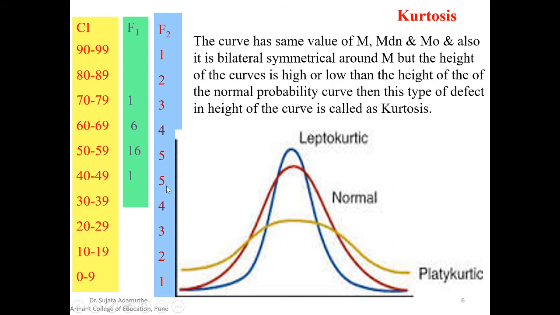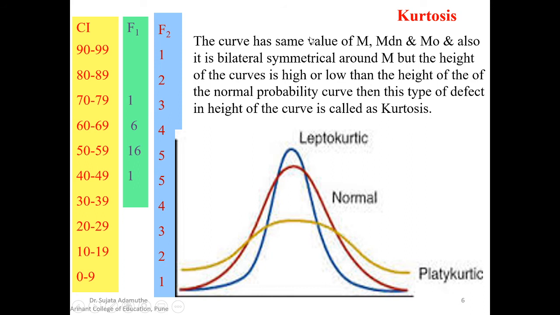For the second group, there is no highest frequency, and so the graph comes like this, like a plate, right? The 5 frequencies are here and here, and 4, 3, 2, 1 on each side. Then we will read this.